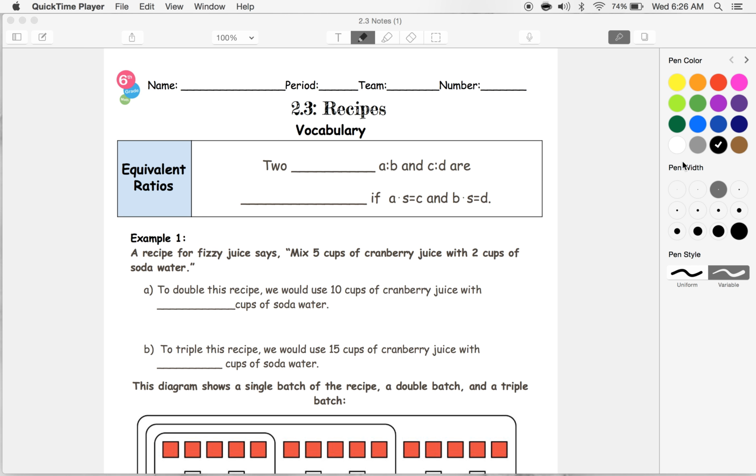All right, everyone. So for today, we're going to start out with a vocab word, this idea of equivalent ratios. So we spent all day taking a look at mixtures, doubling them, tripling them. What we were really creating were two ratios, A to B and C to D, that are equivalent.